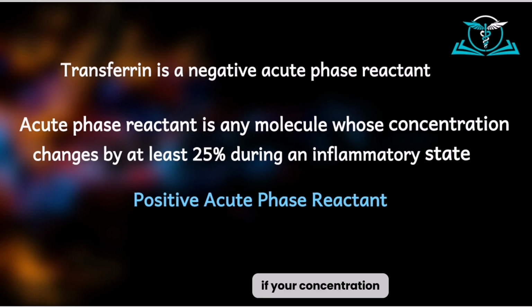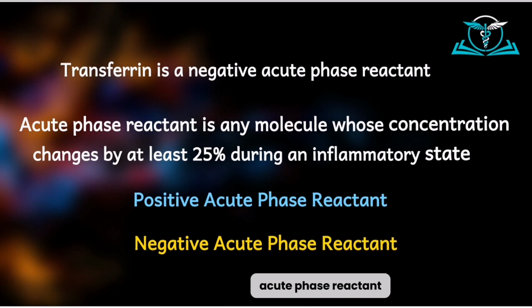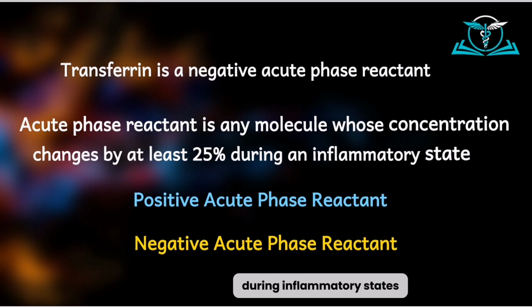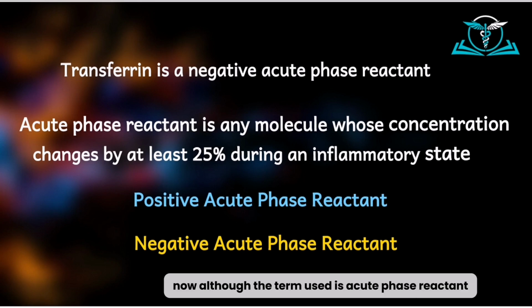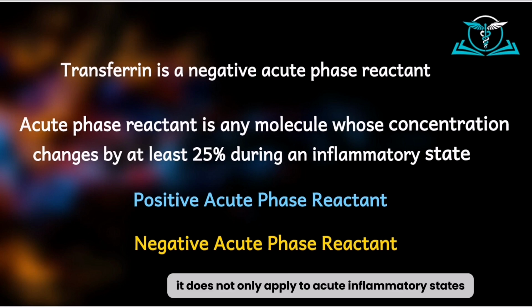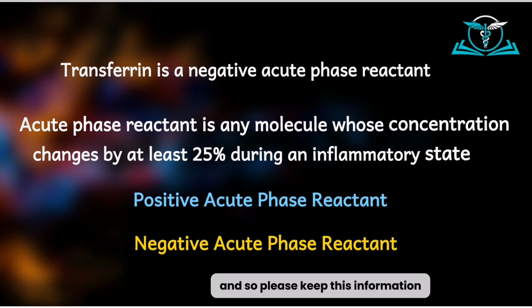If your concentration decreases by at least 25% during an inflammatory state, then you are described as a negative acute phase reactant. And so because transferrin decreases in concentration during inflammatory states, it is described as a negative acute phase reactant. Now, although the term used is acute phase reactant, as in acute in the term, it does not only apply to acute inflammatory states, but also chronic inflammatory states. And so please keep this information, it will surely be needed.